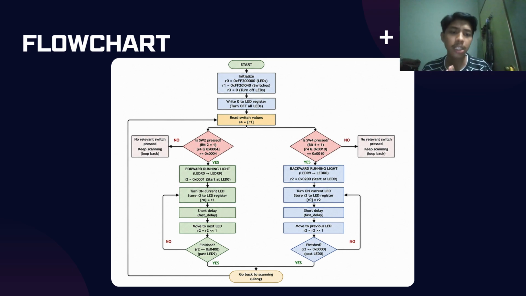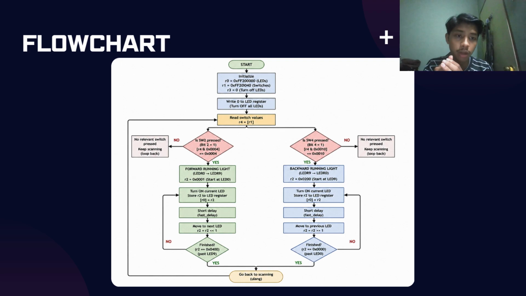If yes, it will go to the forward running light, which I said is from R0 to R9, with the LEDs turning on one by one. The next step is turn on the current LED, which we start as R0, and then store the value to the R2 LED register.